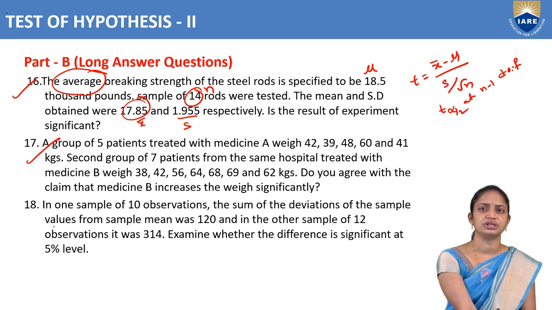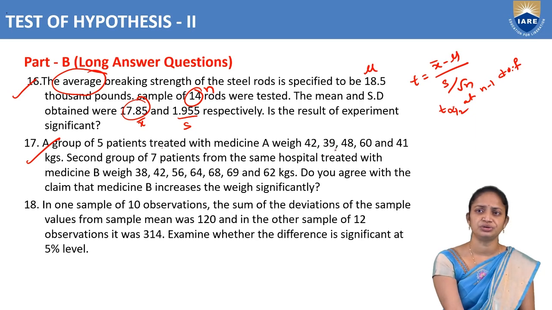Okay, coming to the 17th question: a group of 5 patients treated with medicine A, weights are 42, 39, 48, 60, 41 kgs. The second group is 7 patients from the same hospital treated with medicine B, weights are 38, 42, 56, 64, 68, 69, 62 kgs. Do you agree with the claim that medicine B increases the weight significantly?